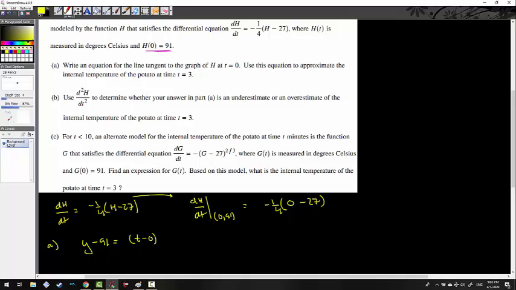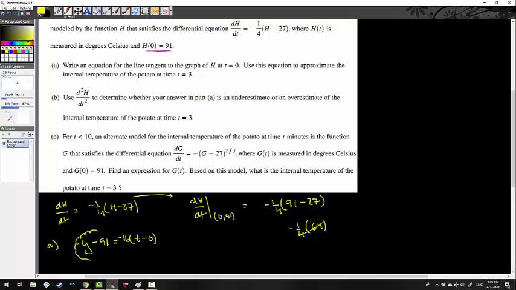But in this case, because it's h minus 27, this becomes 91 minus 27. So you get negative 1/4 times 64, because of the result of 91 minus 27. These cancel, leaving you with negative 16.